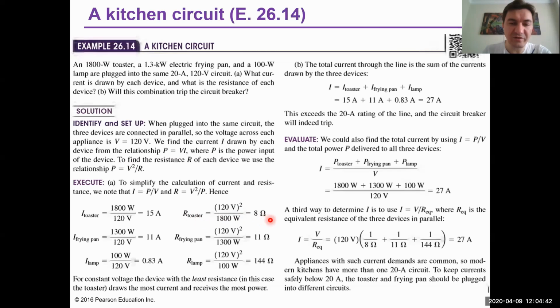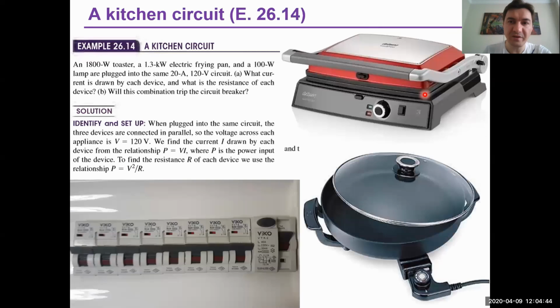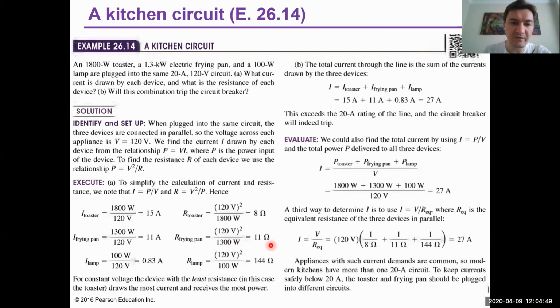Then the toaster resistance is 8 ohm, the resistance of the frying pan is 11 ohm, and the resistance of the lamp is 144 ohm. So the total current through the line is the sum of the currents drawn by the 3 devices: 15 amp from the toaster, 11 amp from the frying pan, and 0.8 amp from the lamp. Then in total, we have 27 amp.